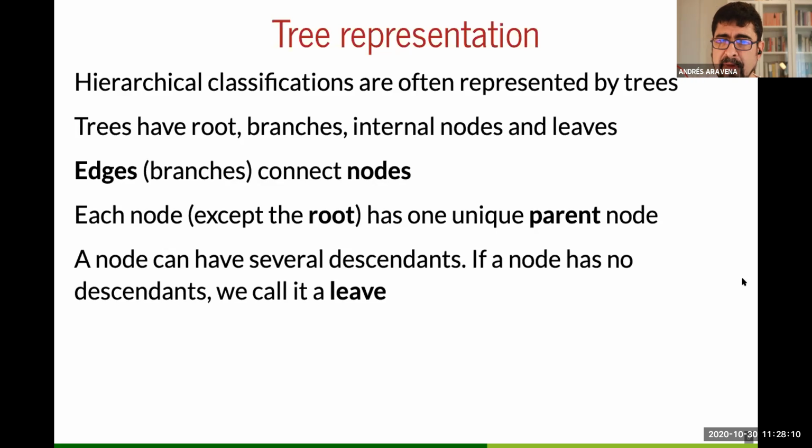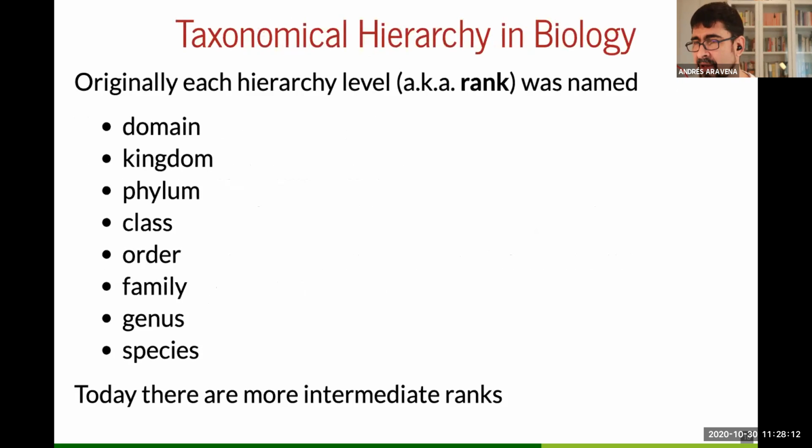Next one. There are levels in the tree. And the original hierarchy, the names given when Linnaeus made this, are, well, you probably know this: domain, kingdom, phylum, class. Domain was kind of animal, mineral, vegetal, but today, especially in Eukarya, people have things like subdomain, kingdom, subkingdom.